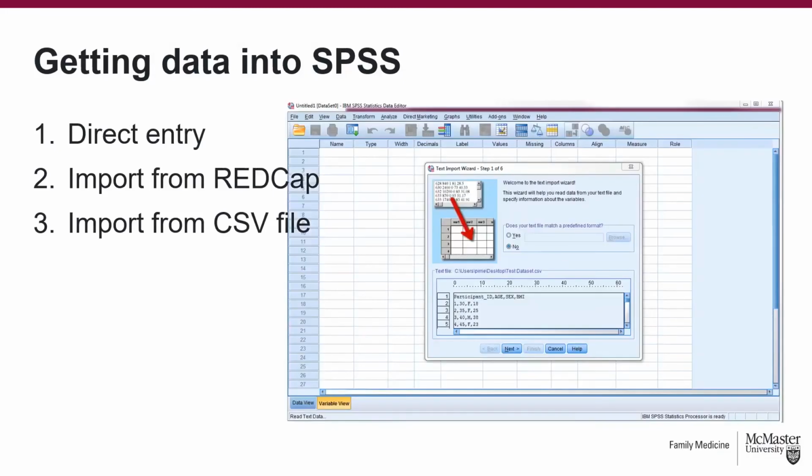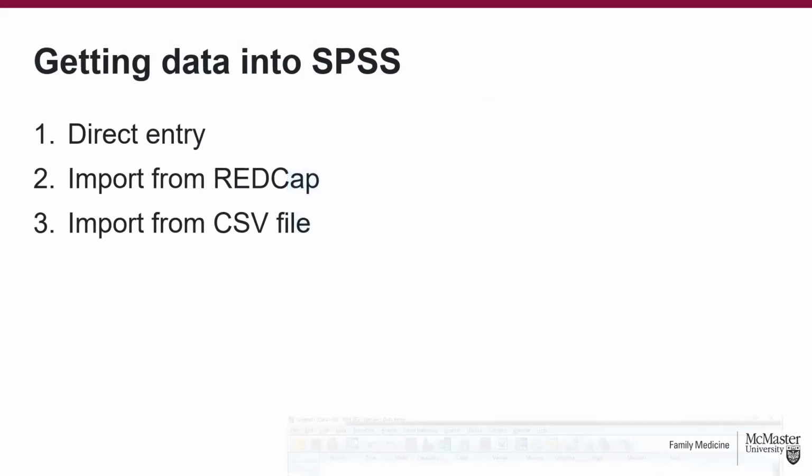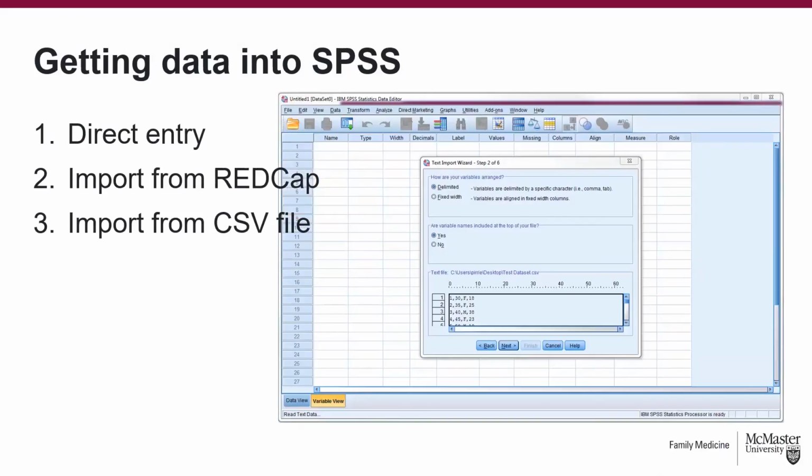Thankfully SPSS does have a function where it will import that data. When you go to open the CSV file, it starts this little text import wizard, and it asks you some basic questions. It wants to know if there's a specific character, like a comma or a space, between each of your variables, and if there are variable names at the top.